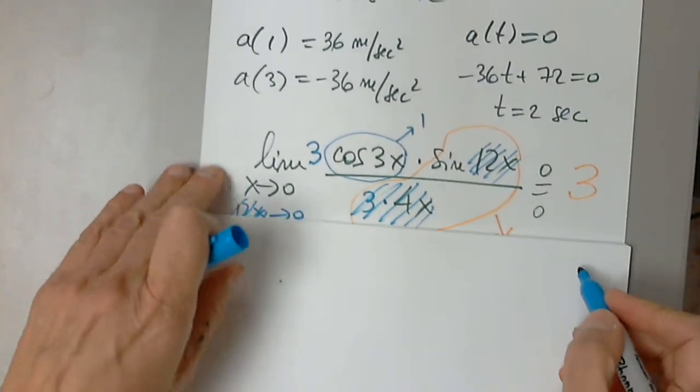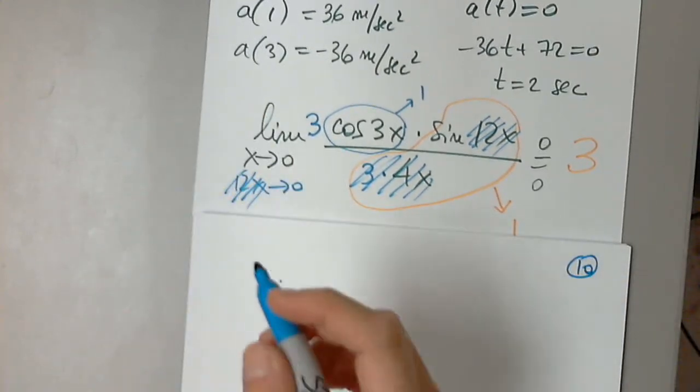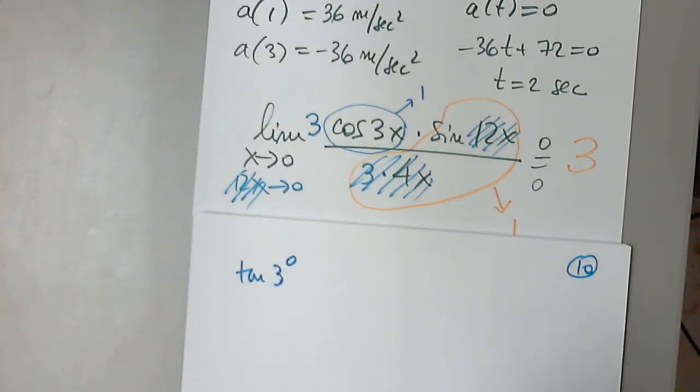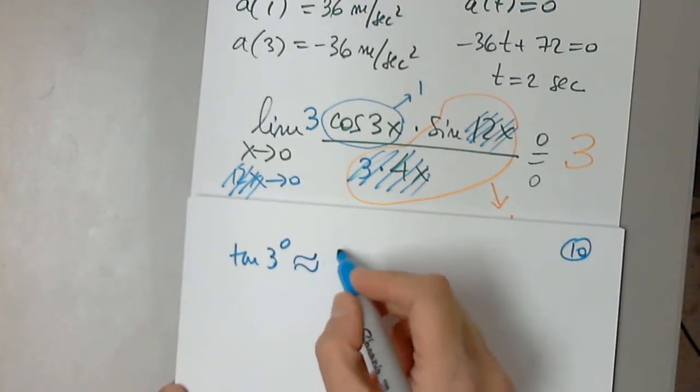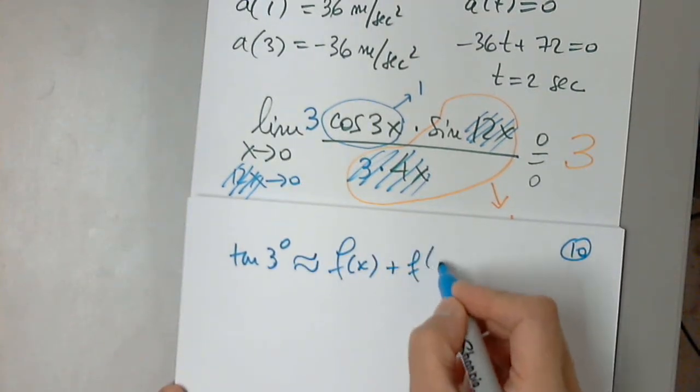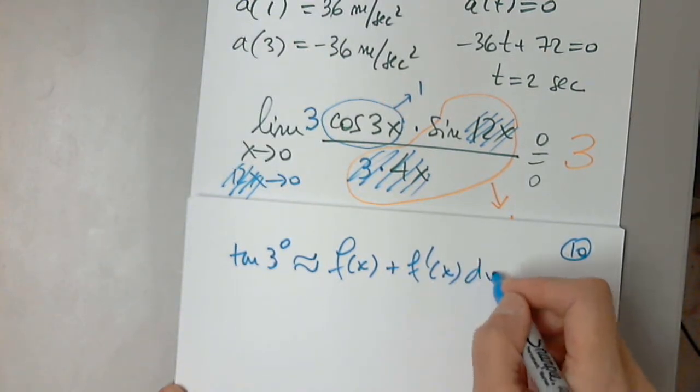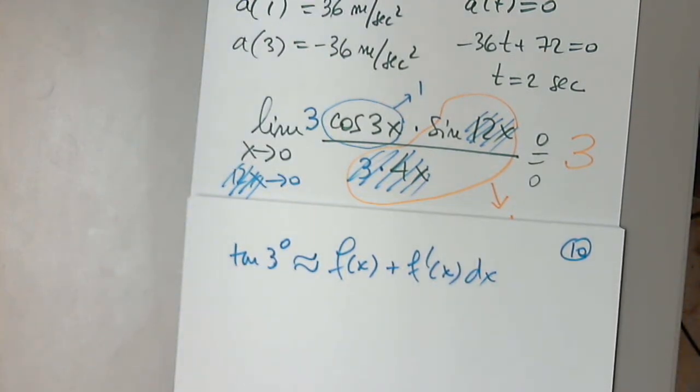Good, very good. So here we have a tangent of 3 degrees. And we should immediately write f of x plus f prime of x dx. We're asked to use differentials. I have to identify the function, I have to identify x, I have to identify dx, and determine f prime.